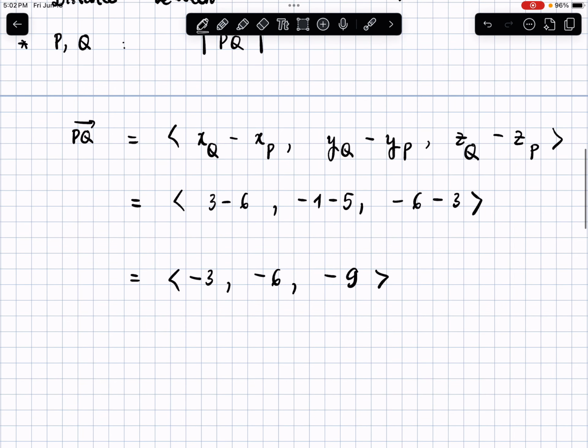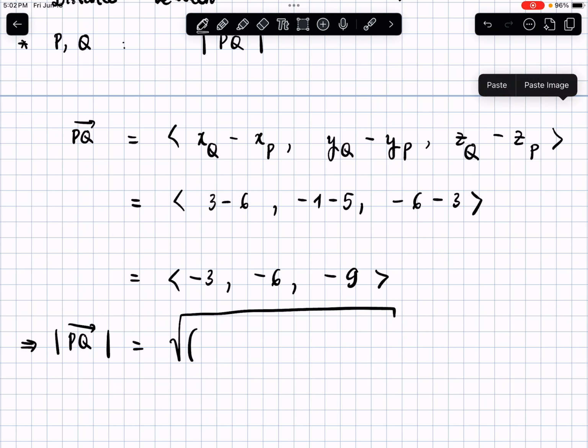Okay, so now we compute the magnitude of PQ, the length of vector PQ. This is, by definition, the square root of the first coordinate squared, plus the second coordinate squared, plus the third coordinate squared.